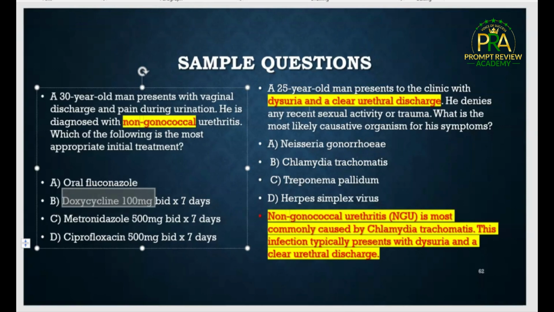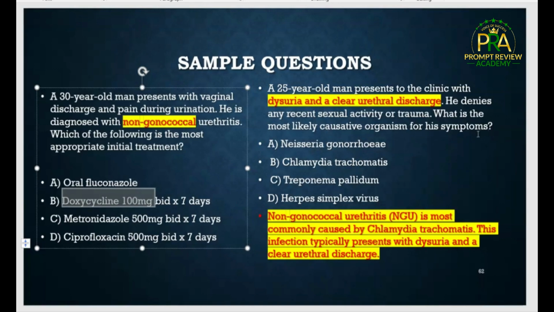But the next question is a 25-year-old man presenting to the clinic with dysuria and a clear urethral discharge. He denies any recent sexual activity or trauma. What is the most likely causative organism for his symptoms?